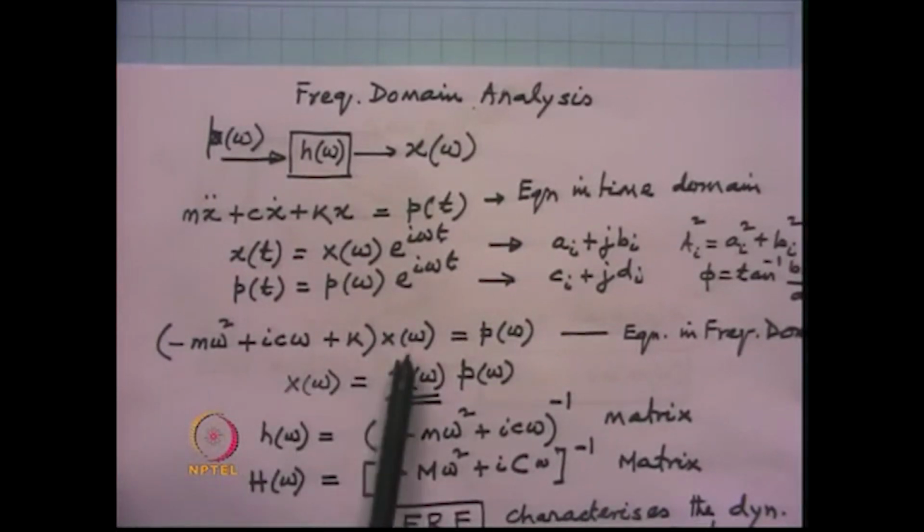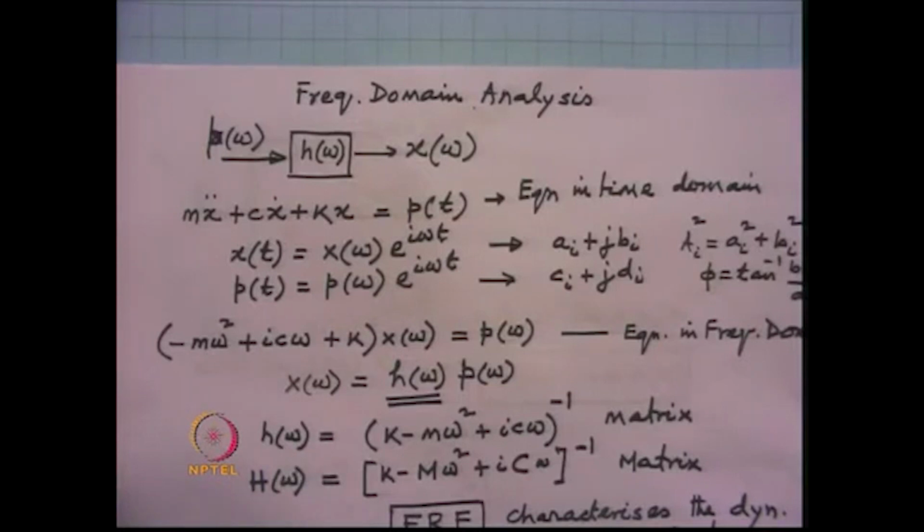X(omega), the frequency contents of the output, is related to the frequency contents of the input, the load P(omega), by X(omega) equals H(omega) into P(omega), where H(omega) is nothing but the inverse of k minus m omega square plus i c omega. Now, this H(omega) is called the frequency response function of the single degree of freedom system.